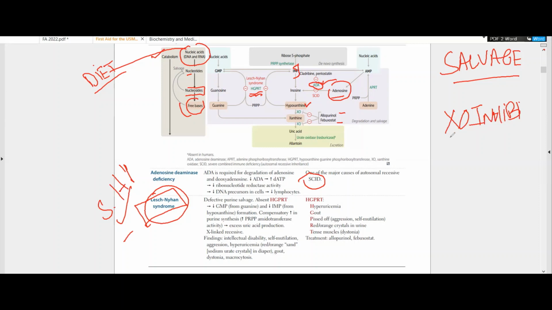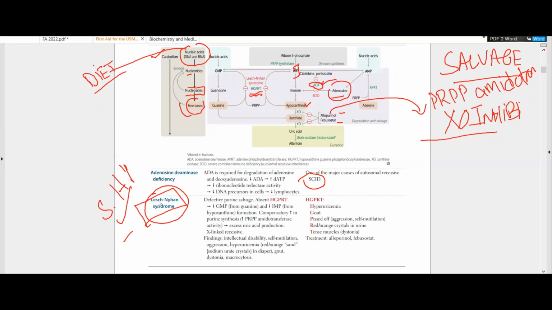Allopurinol is a purine base analog inhibitor of xanthine oxidase. Allopurinol also inhibits PRPP amidotransferase, which is the rate limiting enzyme in de novo purine synthesis, while febuxostat only inhibits the xanthine oxidase enzyme.